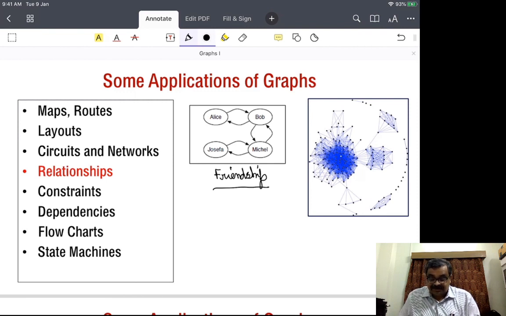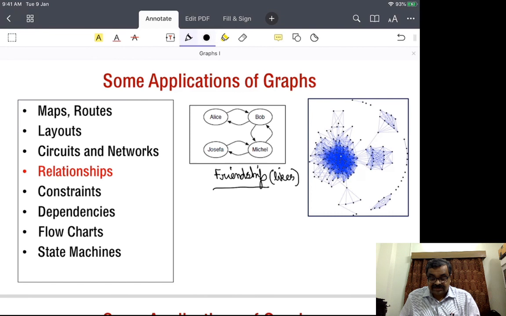And let us say this is a likes relationship. So if Alice likes Bob, we mark an edge. So the graph consists of nodes having people and edges. If A likes B, then there is an edge from A to B. So in this graph, Alice likes Bob, Bob likes Alice, and so on and so forth.